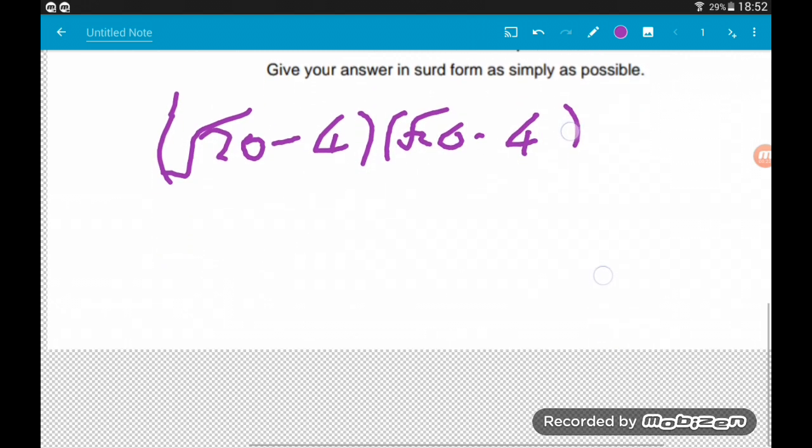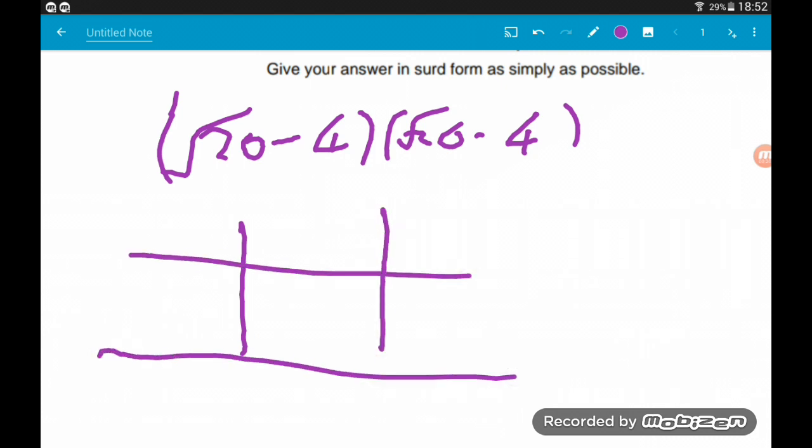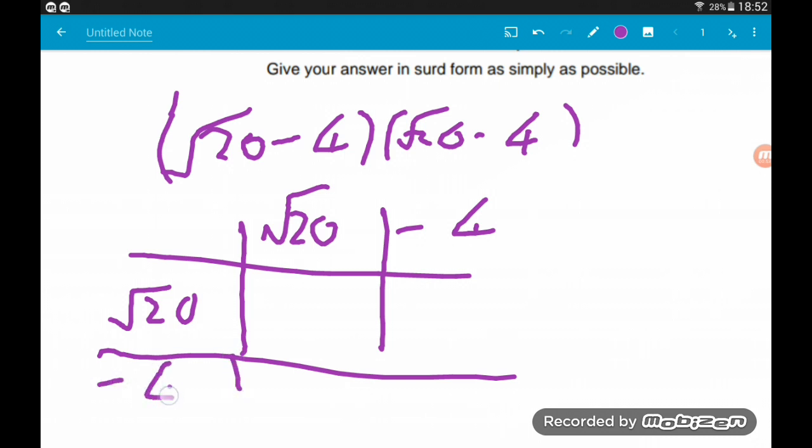To do this in a table, we're going to need a guide that looks like this. We put one bracket across the top and one bracket down the side. The advantage of using a table is it makes it really easy to make sure you've done all the multiplications. So I'm going to put root 20 there, minus 4, and then the same down the left hand side.